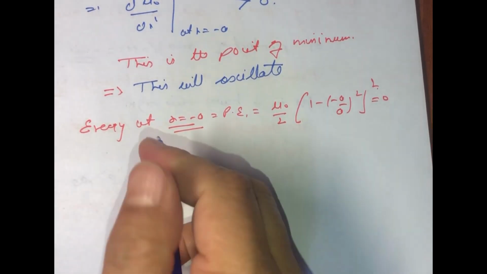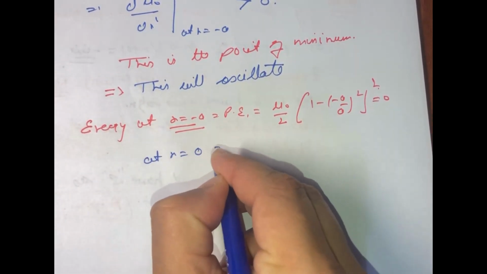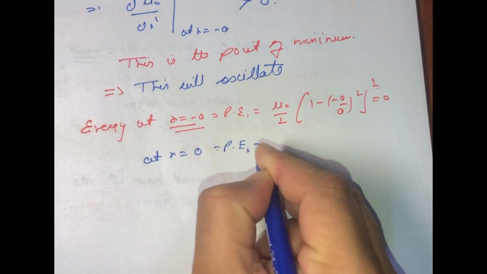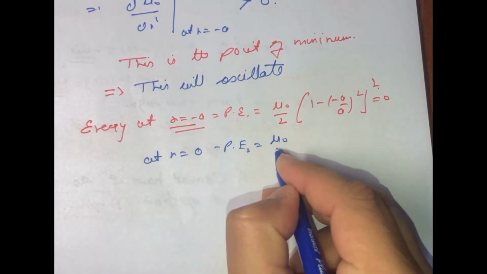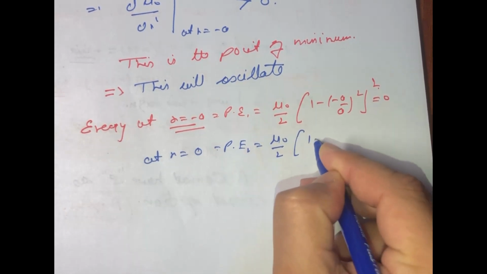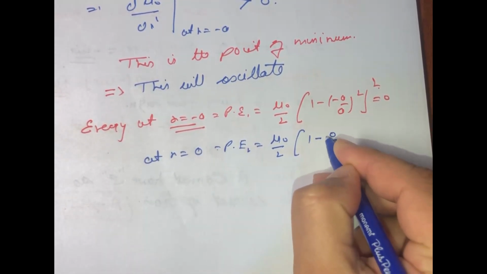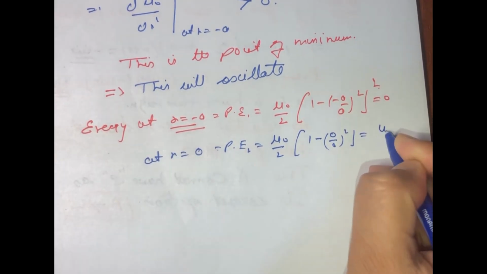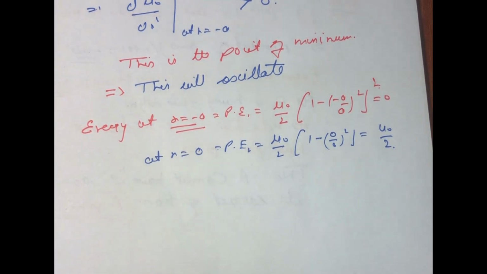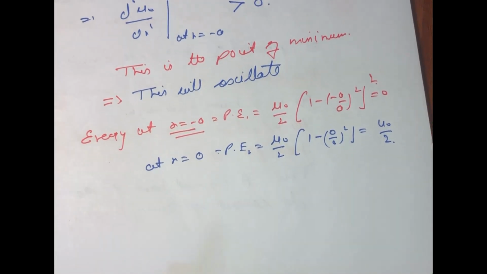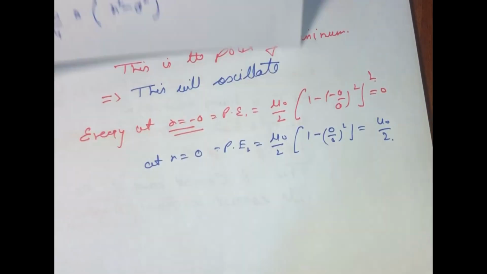And we can find out the energy at x equal to 0. We call it PE2, and if we substitute 0 we get U naught divided by 2. Now in the question it is given that the total energy is U0 upon 4.